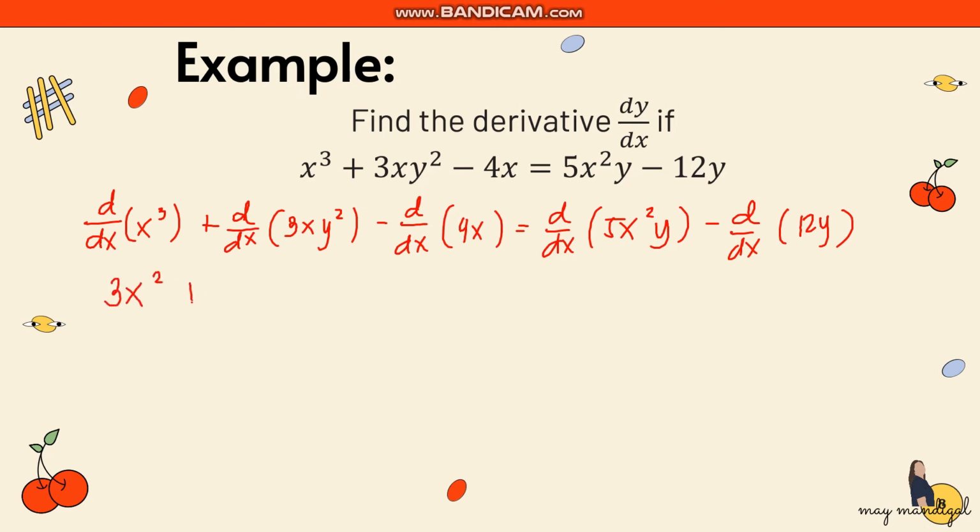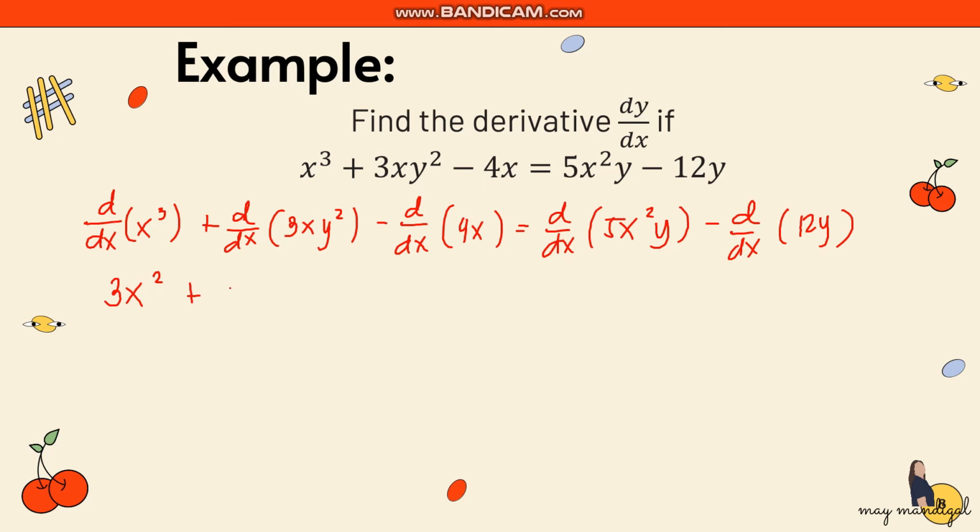And then for the next one, look closely at the term 3xy squared. If you analyze this term, you cannot just simply say that the derivative of this is 6xy. That is one of the mistakes that you might commit whenever you are doing implicit differentiation.